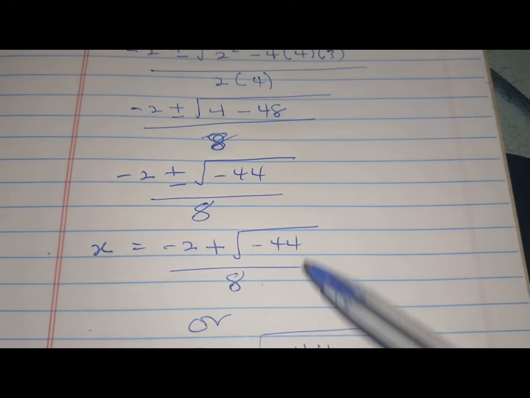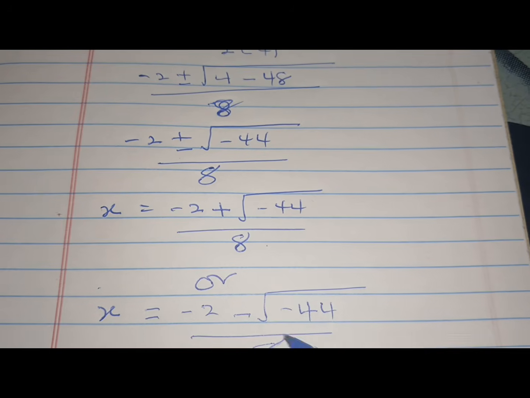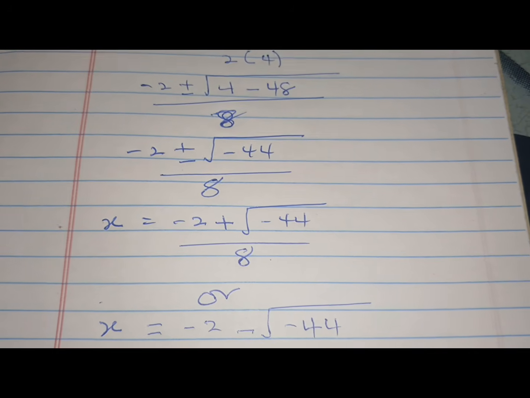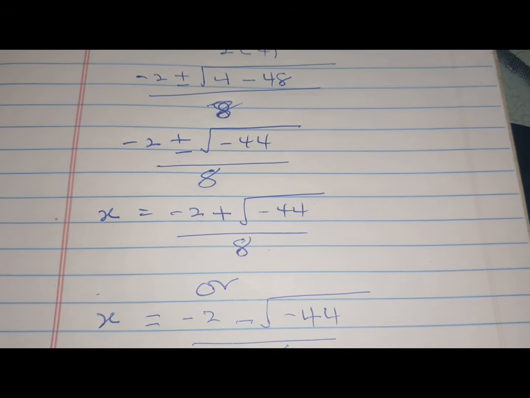You realize that these are complex answers, and because with a negative, should we continue, we are going to get an error. So that is why it is imaginary root or complex root.